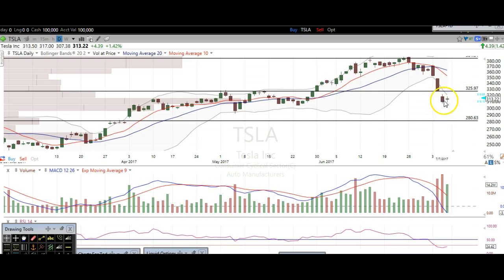We got a washout low, but then this is just an inside day. So we could bounce from here, but just as far as my style, I want to see something different. I don't think that Tesla has found a true bottom just yet. So that's my opinion on Tesla.